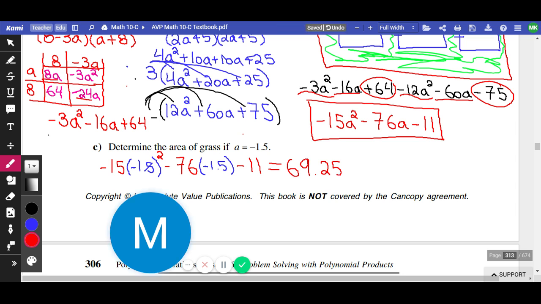Be very careful with your negatives. Make sure you use brackets. If you want, you could calculate this in chunks too. For instance, I could calculate just this part. I could go negative 1.5 in brackets, square it, and then times it by negative 15 to figure out that this is negative 33.75.